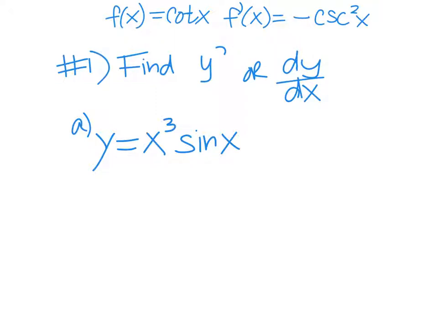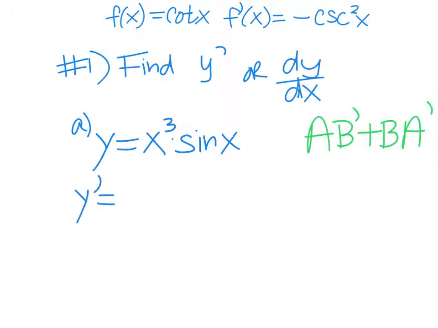Now, you need to look at this and recognize that there are 2 functions here, and they're being multiplied together. And when I have 2 functions being multiplied together and I'm taking the derivative of them, I have to use what rule? Product rule. So we're going to do a b prime plus b a prime. Do you remember that? Product rule? Okay, so here we go. Y prime equals.